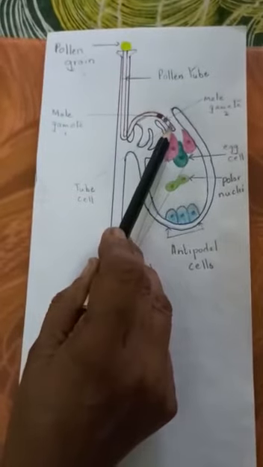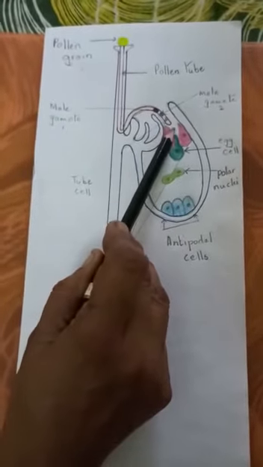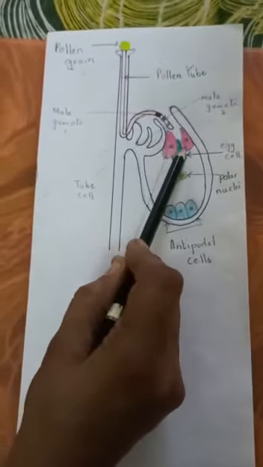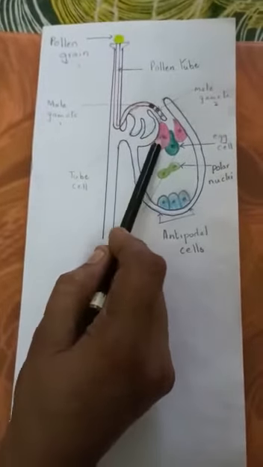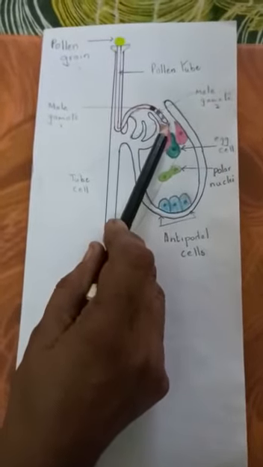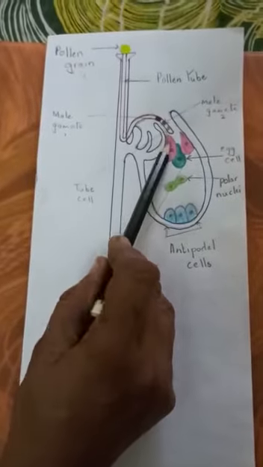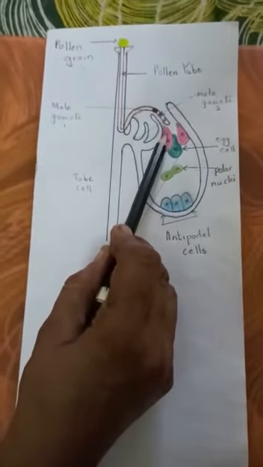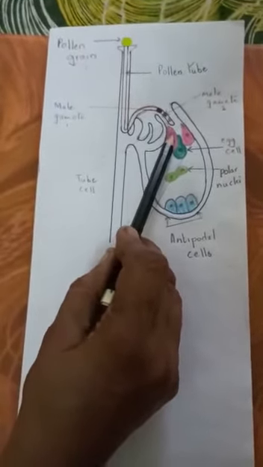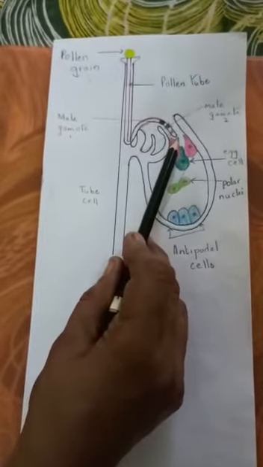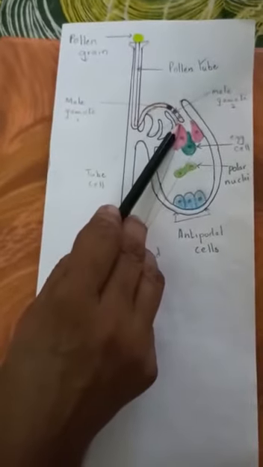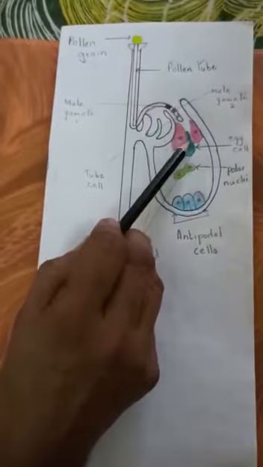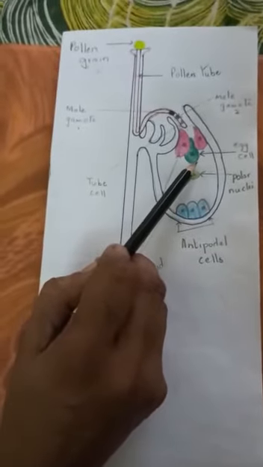Now once it reaches the micropyle, the synergid cells, what will they do? They will start their function. That is, they will attract the pollen tube towards themselves, they will stop it from growing, and they will rupture it. Now when they rupture it, it releases the male gametes.